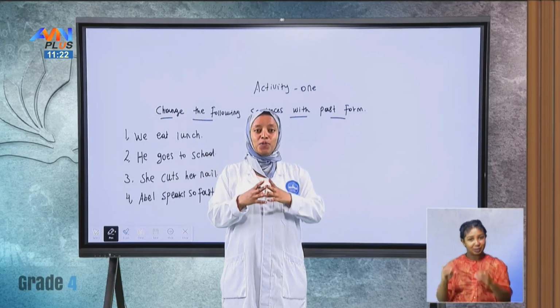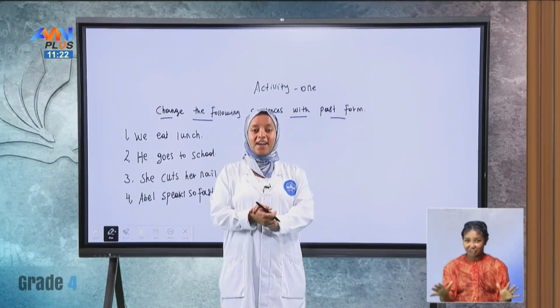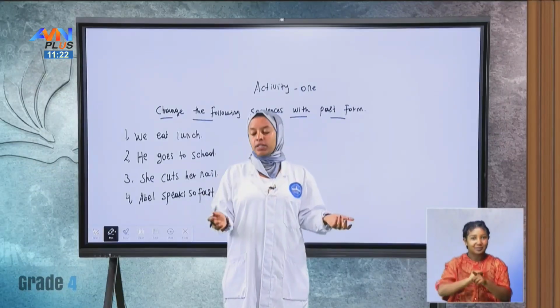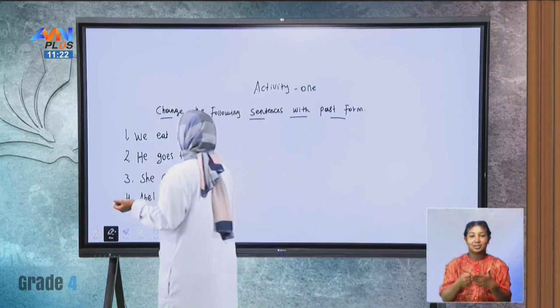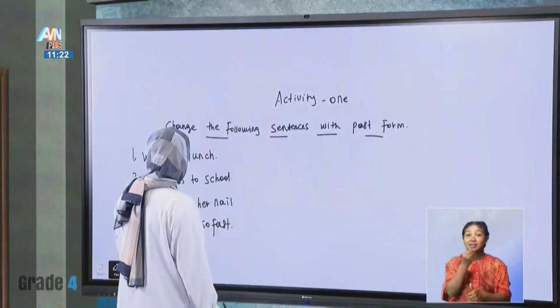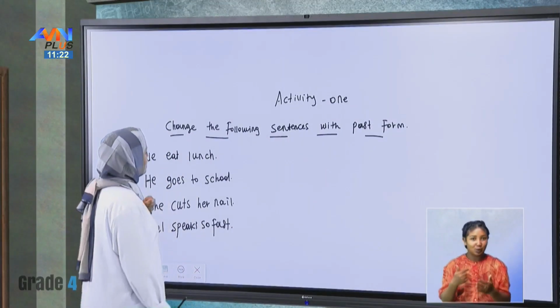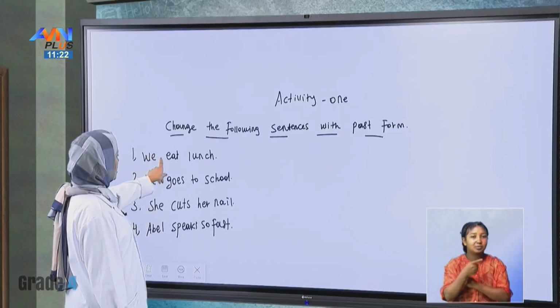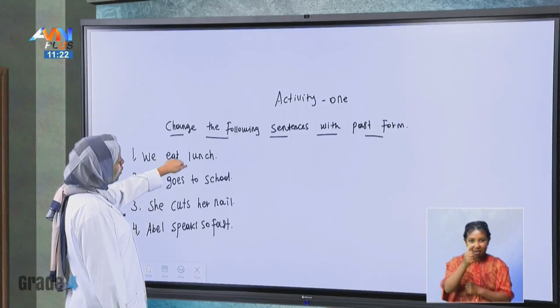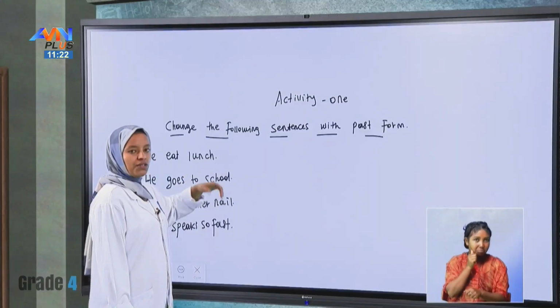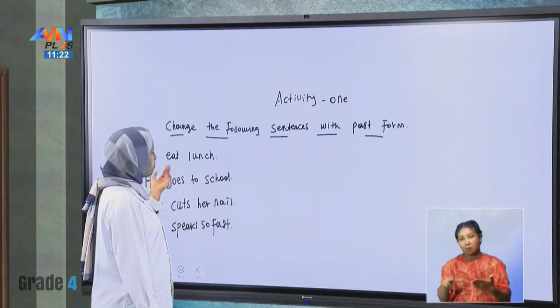Students, I hope you all have finished the activity 1. So let me give you correction and let us practice together. So here is question number 1. We eat lunch. So easily we can change. Here is eat. And also we can add specific time like last night, last Friday, and also yesterday.